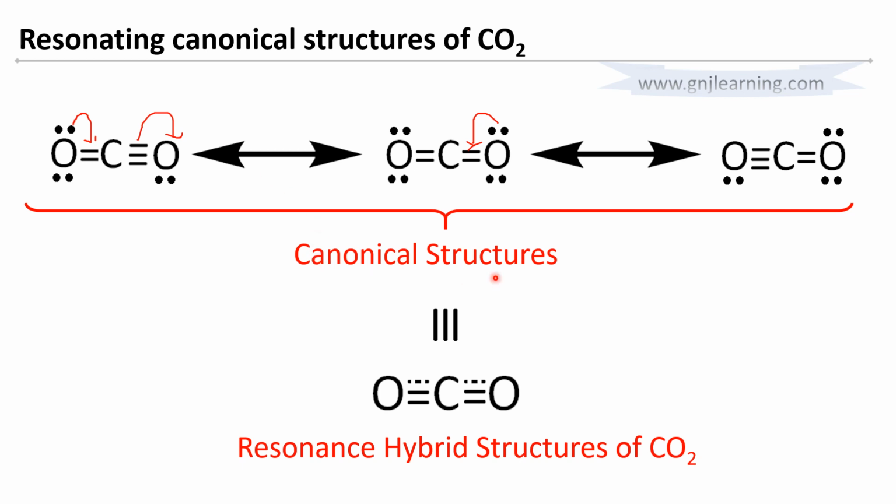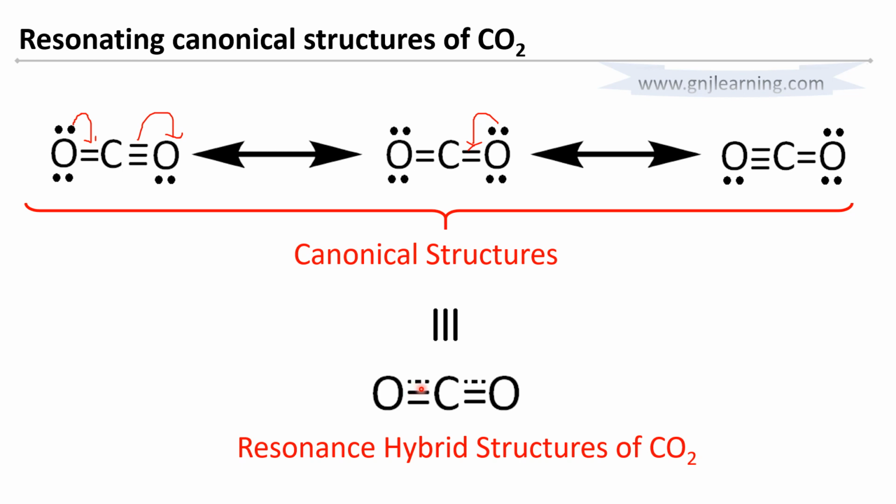So these are the canonical structures. As I said, once again I am telling you, canonical structures do not exist. They are just the Lewis representation of the molecule. All possible Lewis structures have higher energy, whereas the resonance hybrid has even lower energy than the canonical structures due to delocalized electron movement.